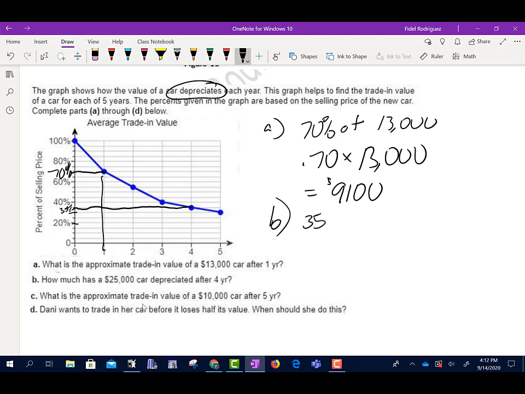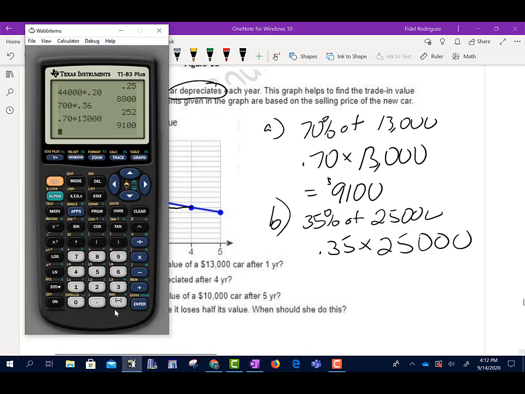So I'm going to find 35% of 25,000. So 0.35 times 25,000. Let me grab my calculator again and see what 0.35 times 25,000 is. And I'm coming up with 8,750.